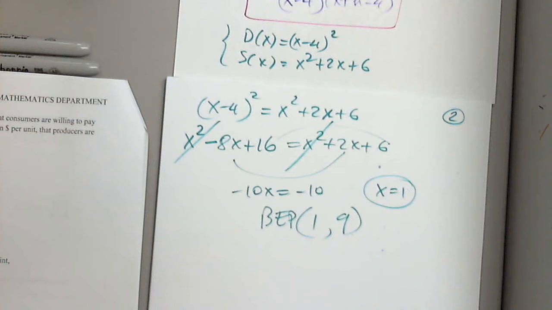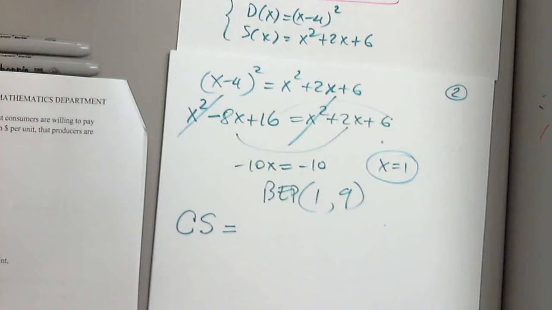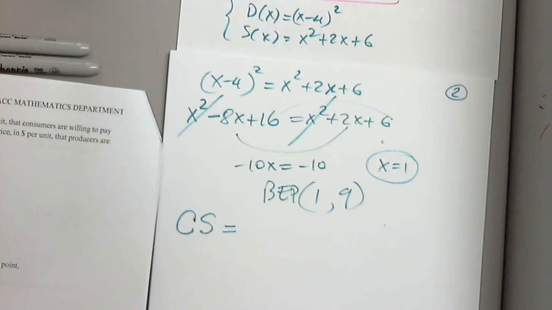Part B, the consumer surplus at the equilibrium point. Consumer surplus. Do you plug in 1? So there is a formula for this, right? Yeah.